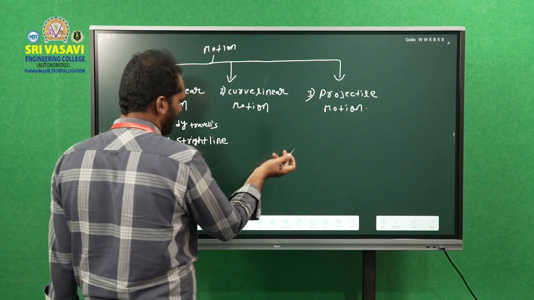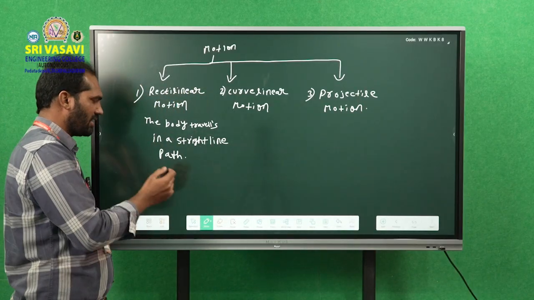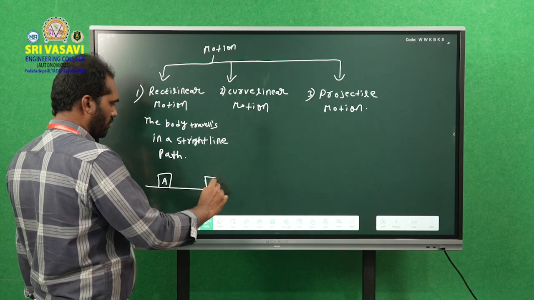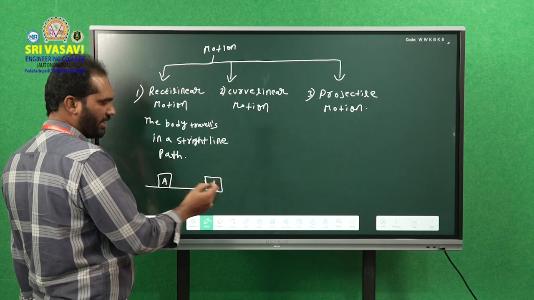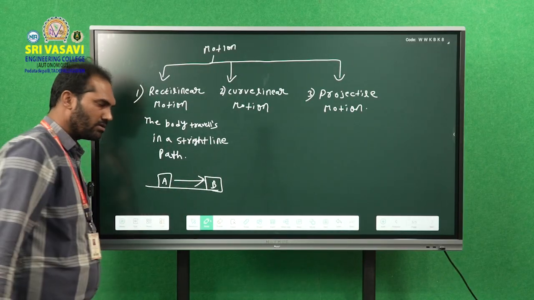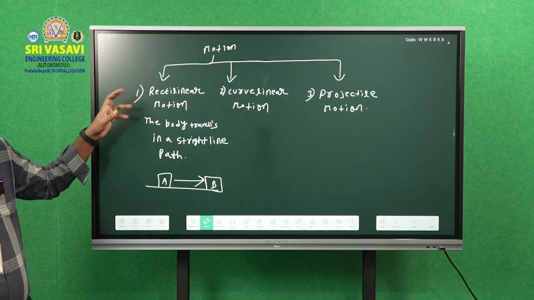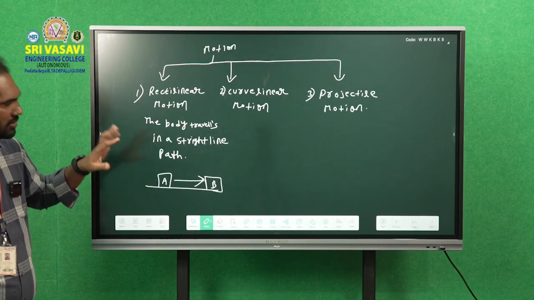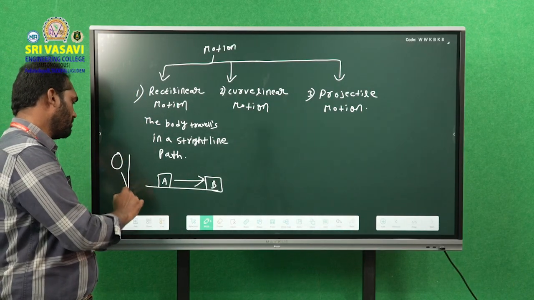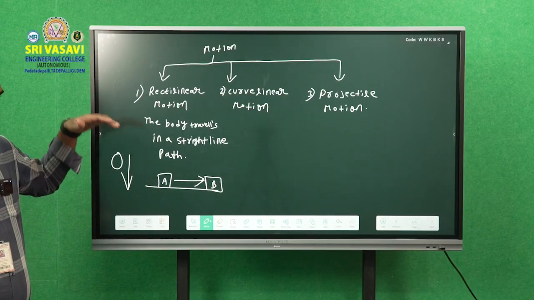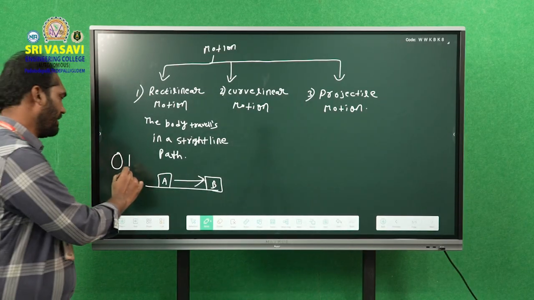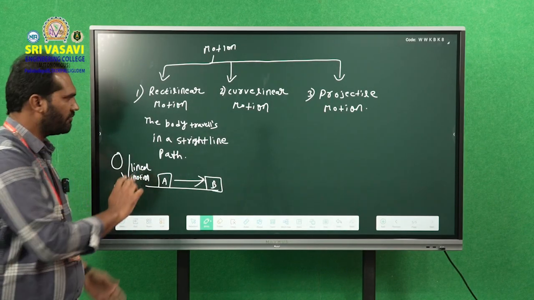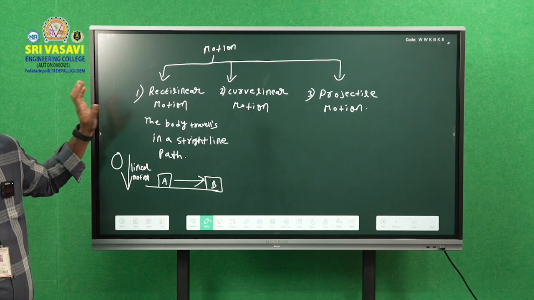An example of rectilinear motion is a car traveling from point A to point B in a straight line. Rectilinear motion is also called linear motion. Or a ball falling down from a building is also linear motion. The other name for linear motion is rectilinear motion.